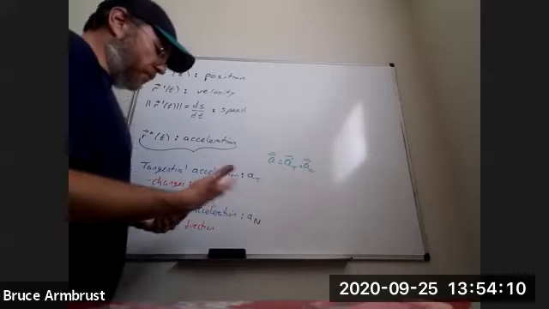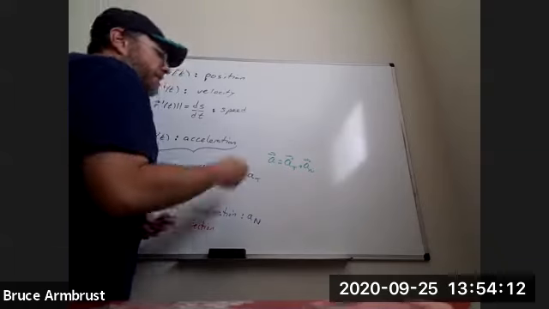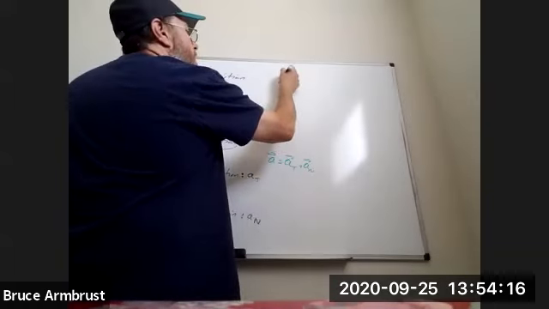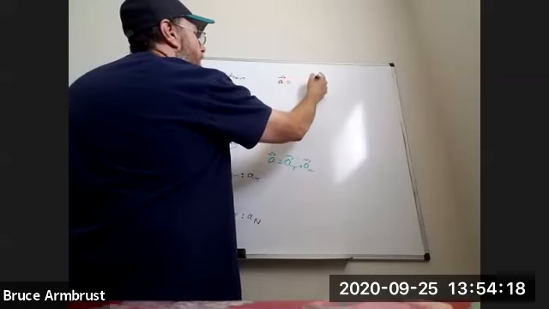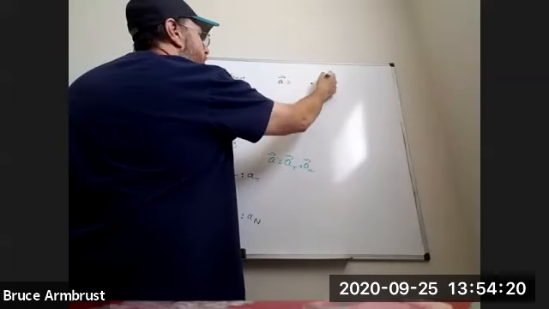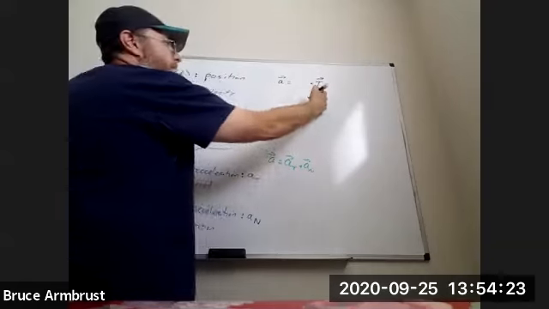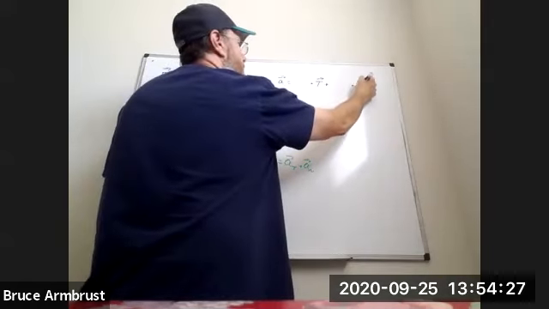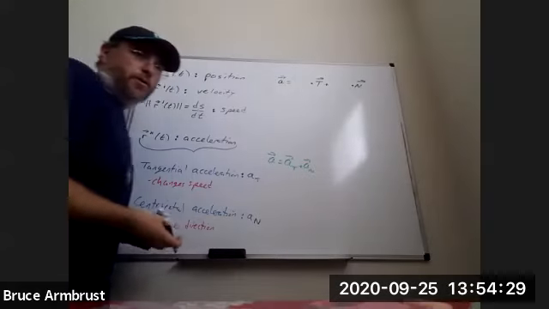Okay, well, here's what we're going to do first. Let's think of this acceleration as something times the unit tangent vector plus something else times the unit normal vector.